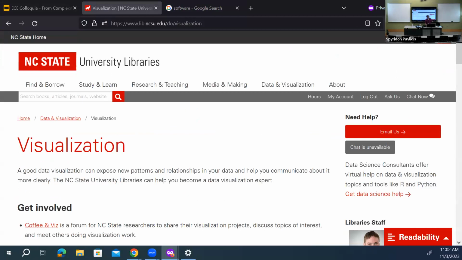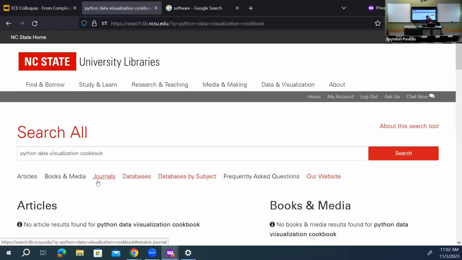All right. One last aside is if you would like to learn a specific tool. So let's say I want to do Python data visualization. Some keywords you can use are things like cookbook, workbook, guide, tutorial.